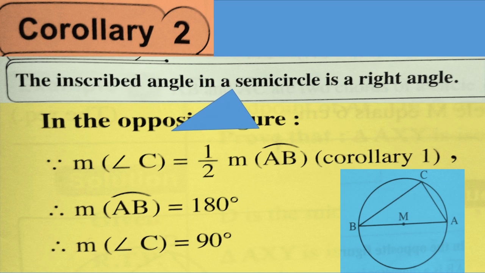This is a very important query. Find our remarks, very important remarks here. Number one, we know that the inscribed angle in a semicircle is right.